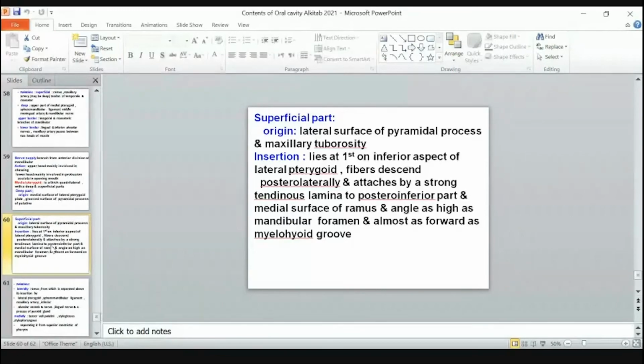Insertion lies at first on inferior aspect of lateral pterygoid. Fibers descend posterolaterally and attach by strong tendinous lamina to postero-inferior part and medial surface of the ramus and angle, as high as mandibular foramen, almost as forward as mylohyoid groove, opposite the masseter muscle.